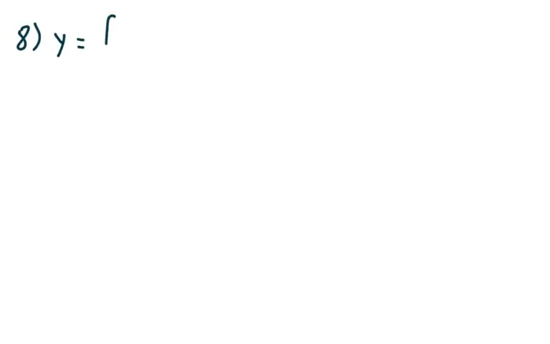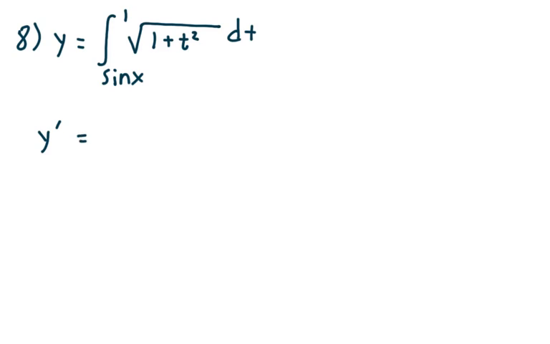Suppose y equals the integral from sine of x up to 1 of the square root of 1 plus t squared dt. And I want y prime. Well, before we do that, we have to make sure that this sine of x is an upper limit and not a lower limit.